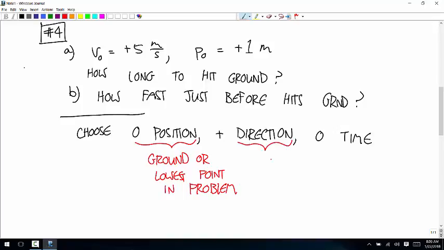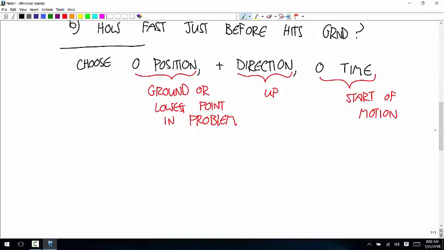The positive direction for these, I'm always going up. 0 time is at the start of the motion. And then think about what variables you know and what variables you want to find.